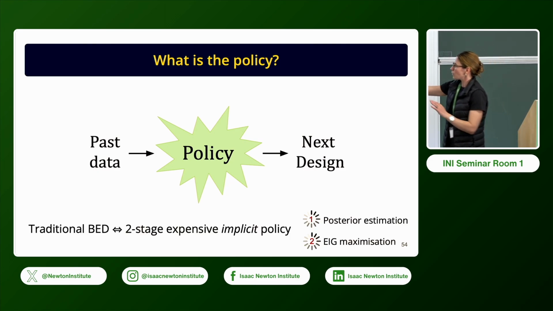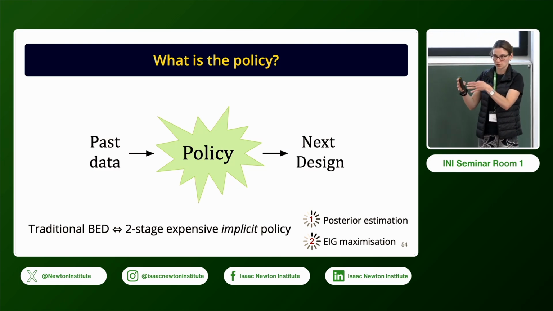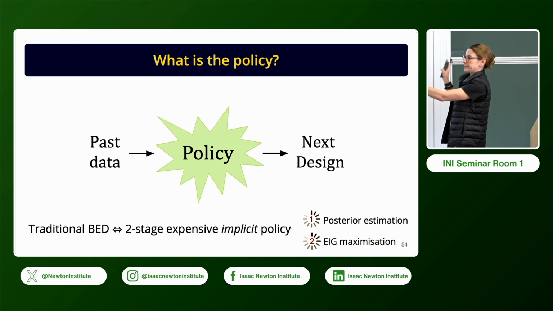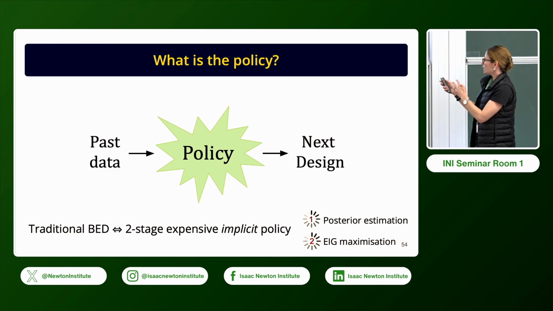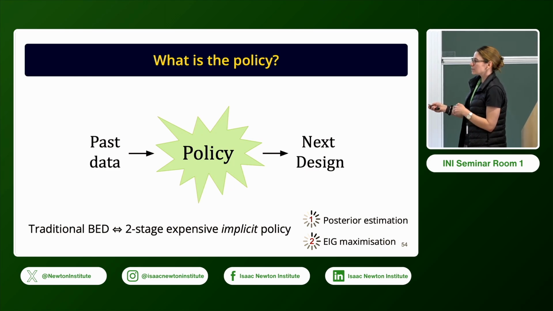And just to highlight, the traditional approach that I just described, this two-stage procedure, is actually a special case of this policy-based approach. The traditional way of doing experimental design is this expensive implicit policy, where stage number 1 is to do a posterior estimation, and stage number 2 is to maximize the EIG.